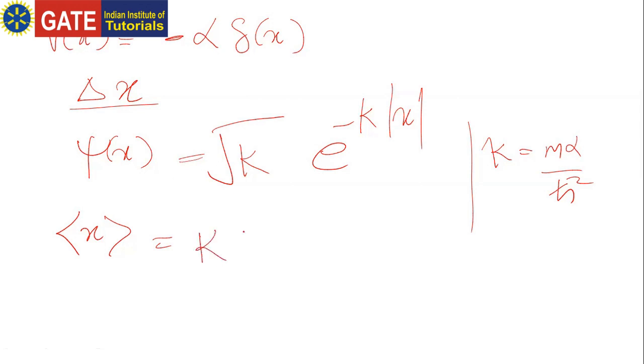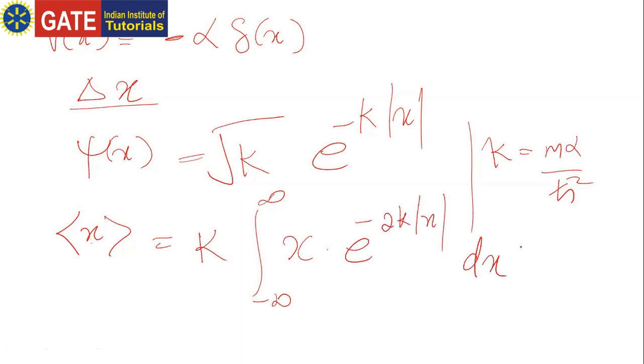Square this term: k integral minus infinity to plus infinity x into e power minus 2k mod x dx.